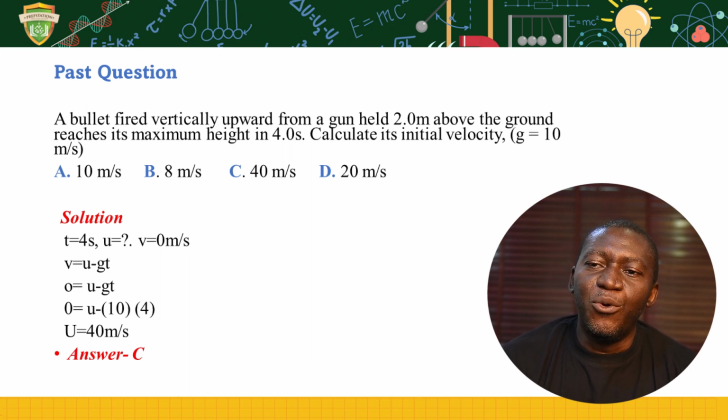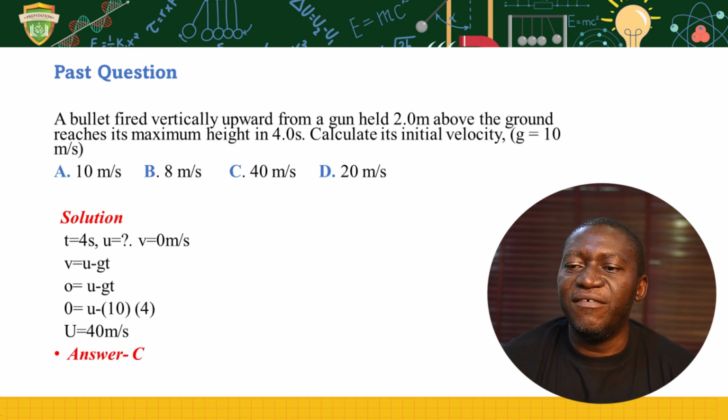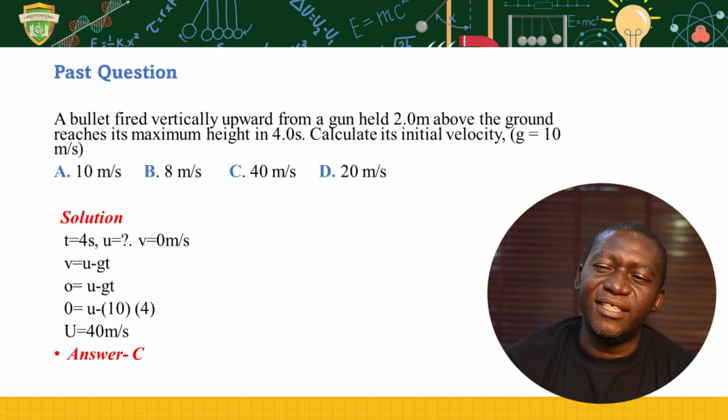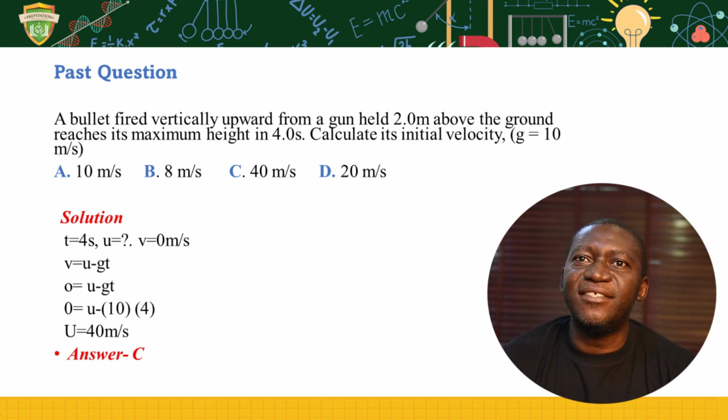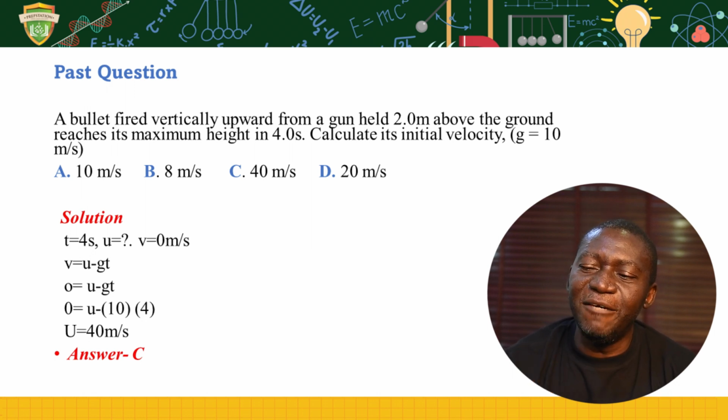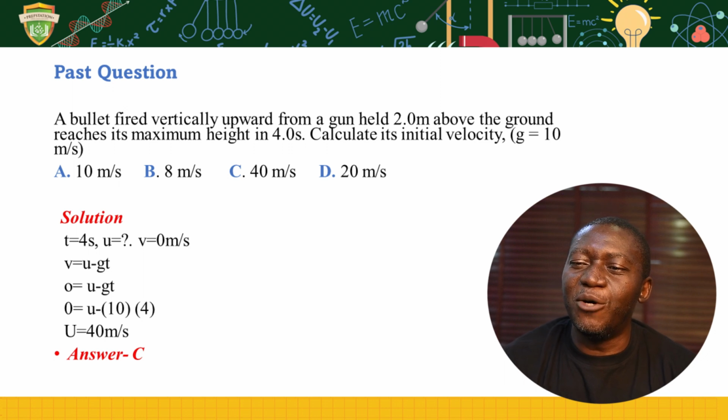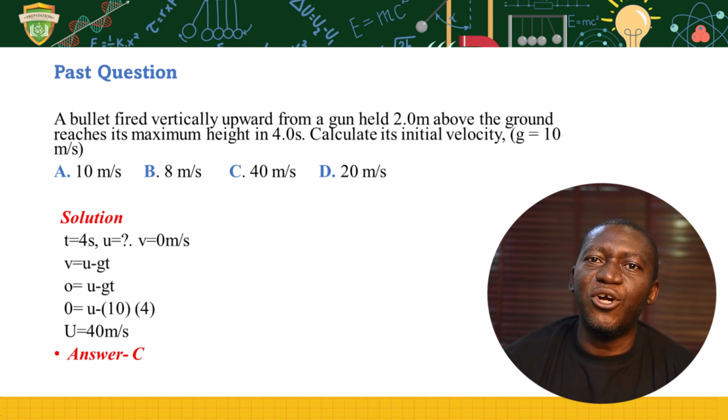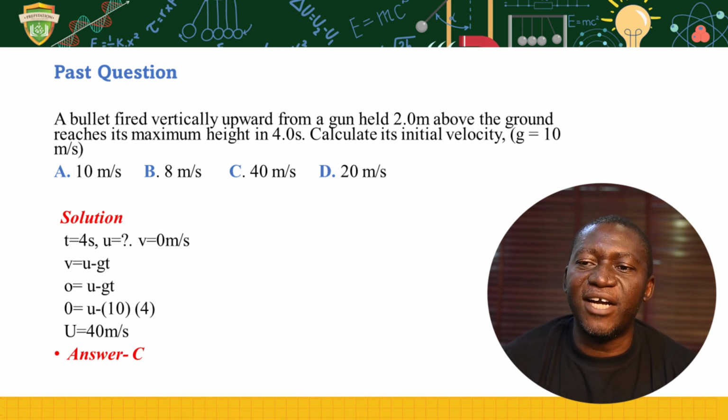Now, with respect to the 3 equations that I gave, anytime the motion of an object is against gravity, the 3 equations are still usable, only that we are going to change the positive sign in between those equations to become negative, since the motion of the object is going against gravity. So the g there is going to be negative.